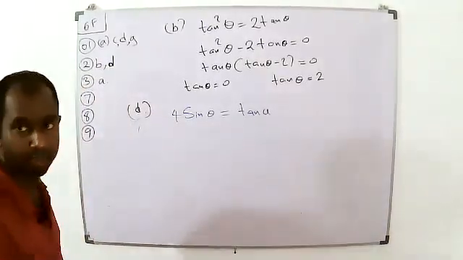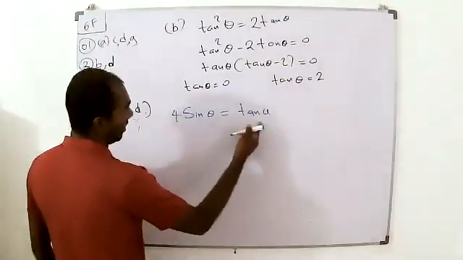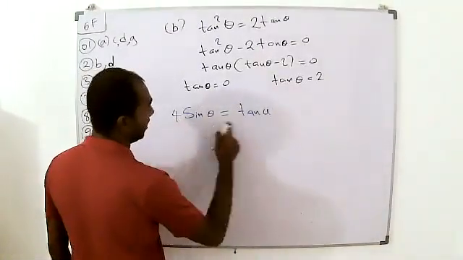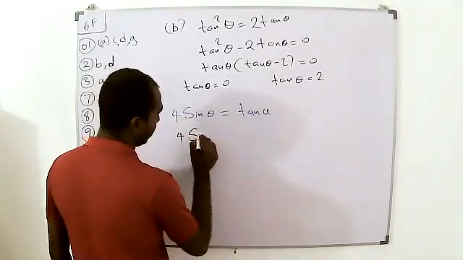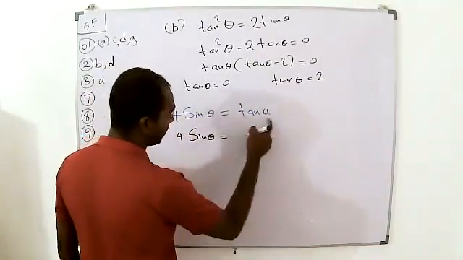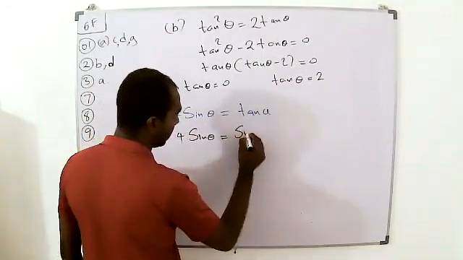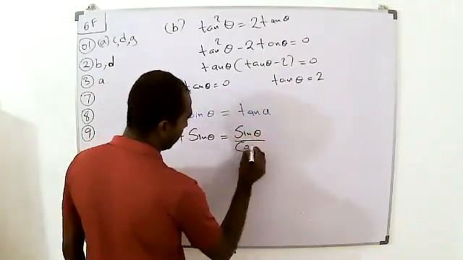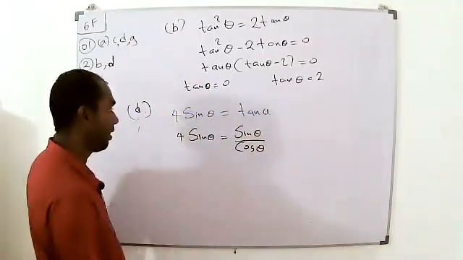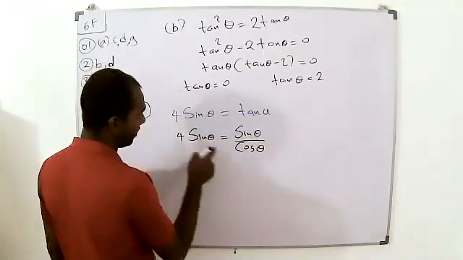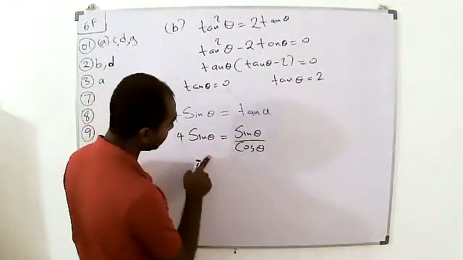How to solve this kind of question? Now we have two ratios. To deal with this one, you always need to convert into one single ratio. You can consider tan theta as sine theta divided by cos theta. Now you can see on both sides you have sine theta, no?